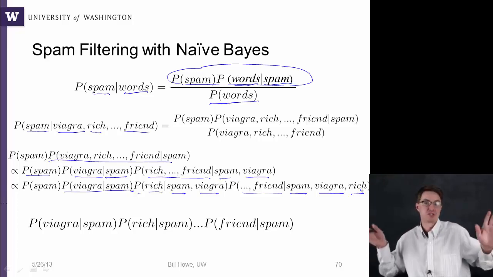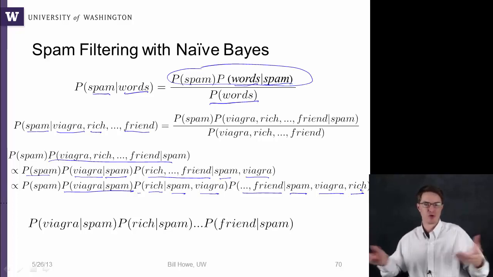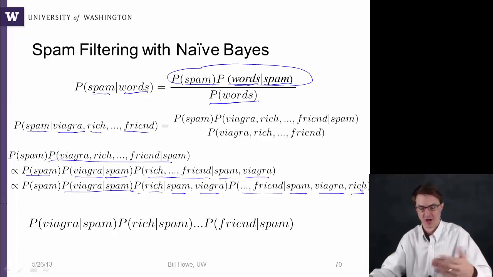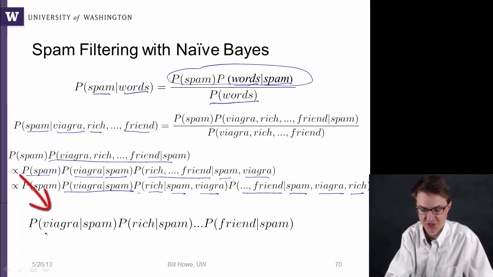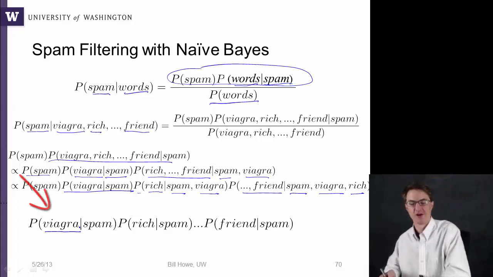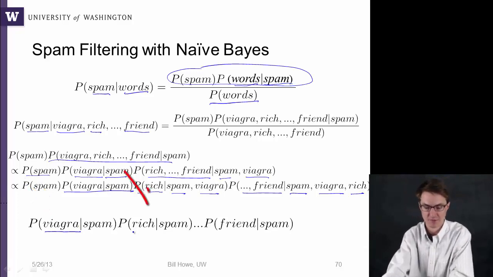This isn't true, right? Obviously, words go together. There are co-occurrence rates. But you just ignore that and treat everything as completely independent, which allows you to simplify this expression as just a sequence of probabilities. What is the probability of seeing the word Viagra given that it's spam? What is the probability of seeing the word rich given that it's spam, and so on?